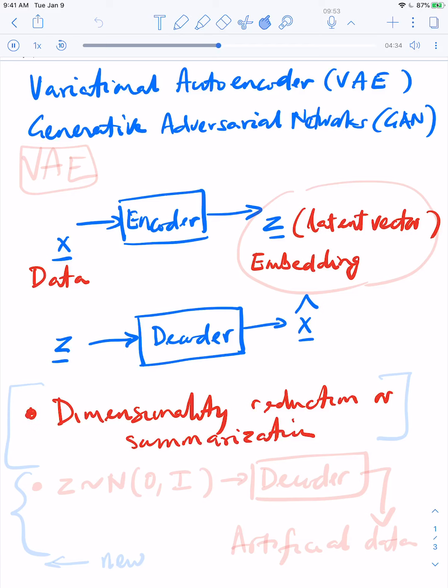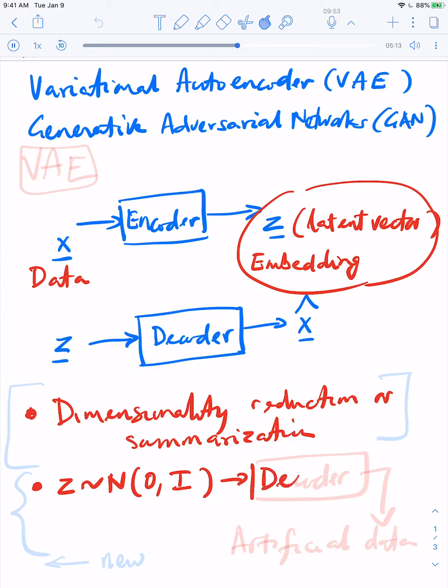The more interesting and new part that has happened both in the context of VAEs and GANs is that if I can ensure that embeddings come from a simple distribution, for example, a zero mean white Gaussian, I can design my encoder that way.